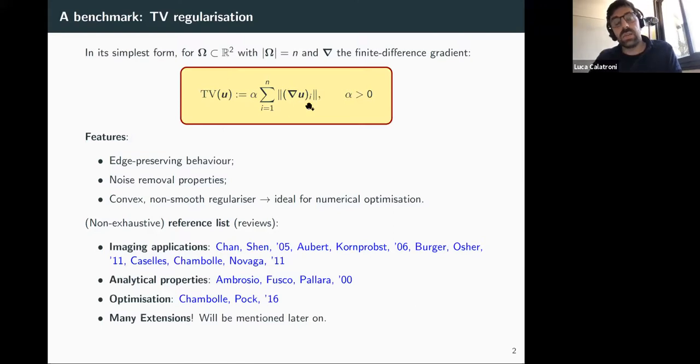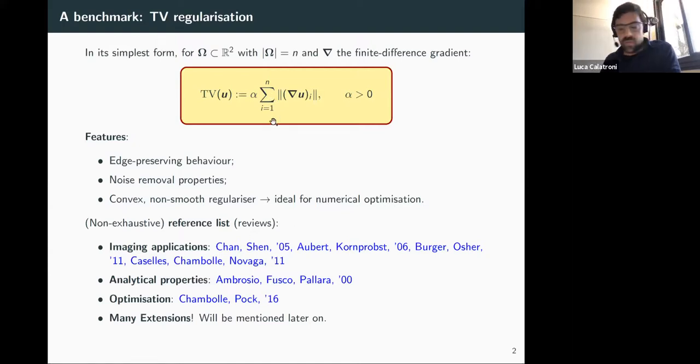I'll consider it in its simplest form, in a purely discrete setting, where we are basically considering the sum of gradient magnitudes over n pixels, where n is the size of the image domain. And here I'm introducing a positive parameter alpha, whose role will be clear in a moment.